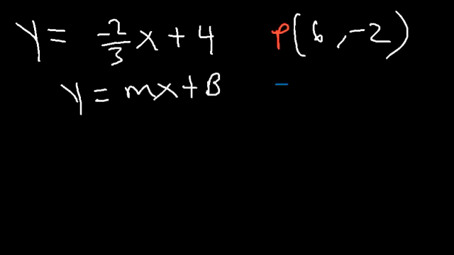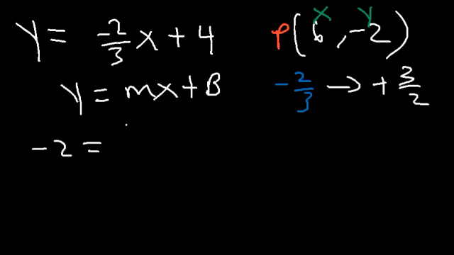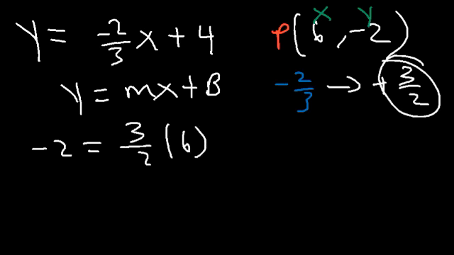The slope is going to change from negative 2/3 to positive 3 over 2 for the perpendicular line. Let's plug in 6 for x and negative 2 for y. So negative 2 is equal to 3 over 2, that's the new slope, times the value of x, which is 6, plus b.